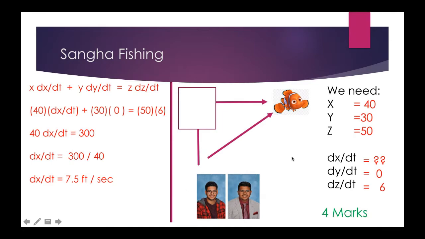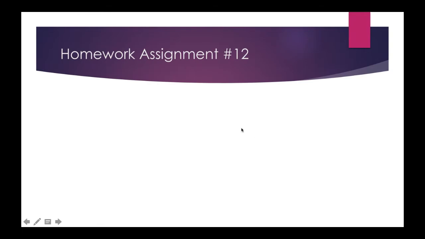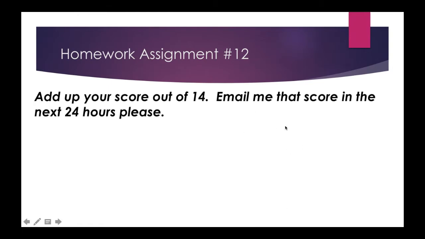Okay, so here is your homework assignment number 12. Here's the meat and potatoes, as it were, of all this. You are now to add up your score out of 14. You then email that score in the next 24 hours. Now, I'm not mentioning any names. You know who you are.